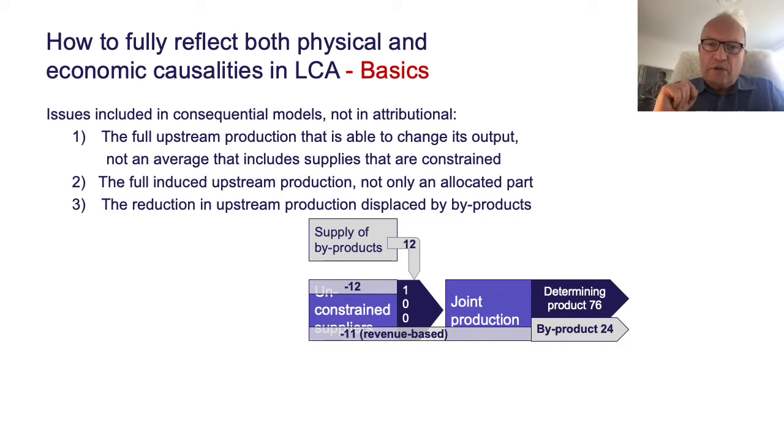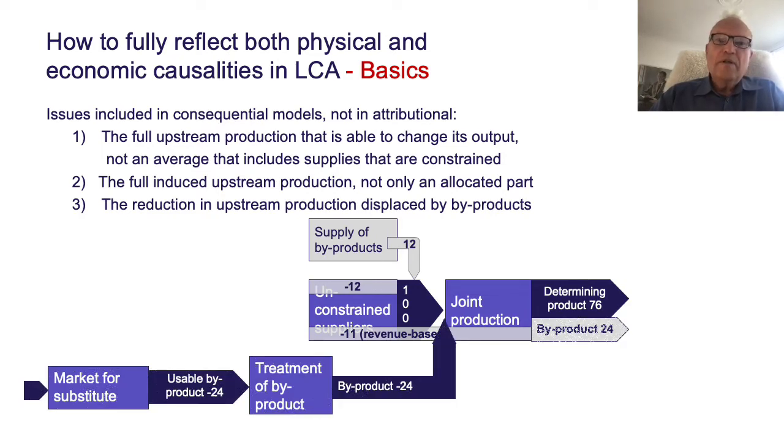In consequential LCA, we deal with byproducts in a different way. Instead of having the byproduct on the output side, we place it on the input side with a negative sign. That illustrates that we are providing the byproduct to a market where it's actually displacing something else.